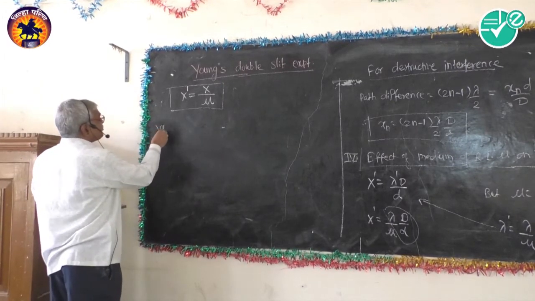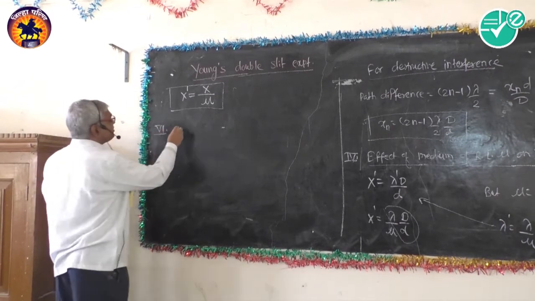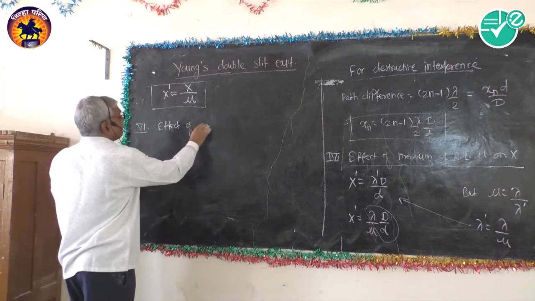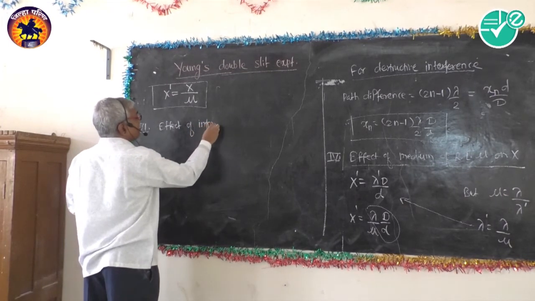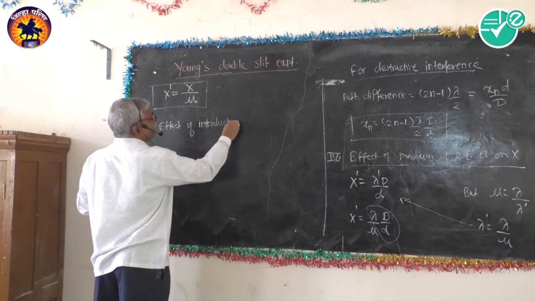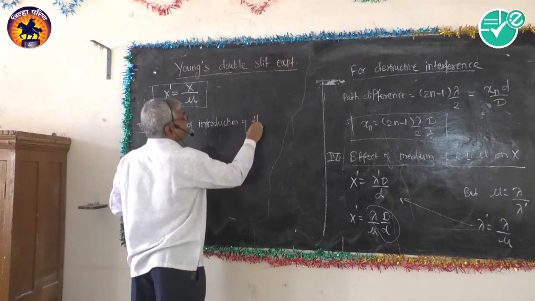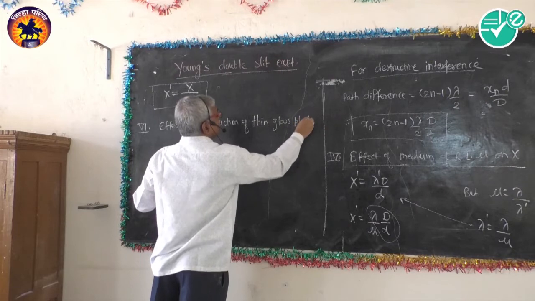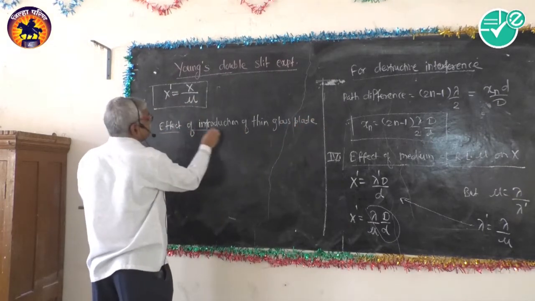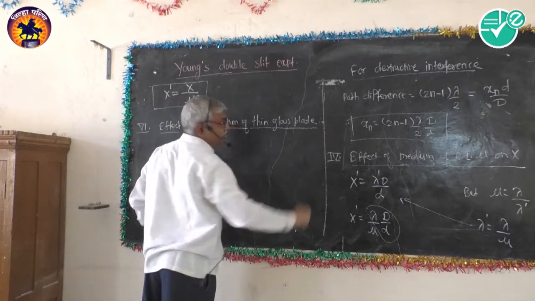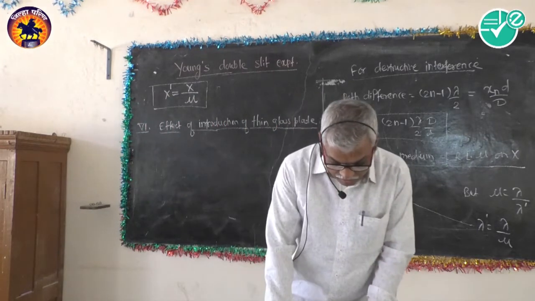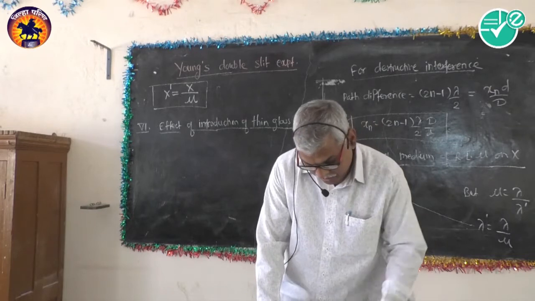Let us take the next point, that is the effect of introduction of a thin glass plate in one of the interfering paths of the experiment.